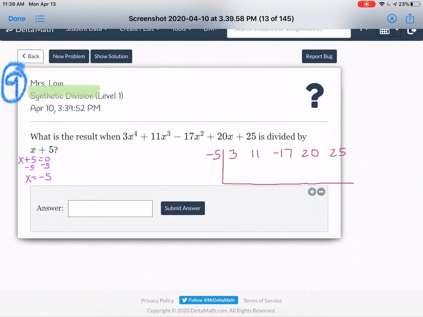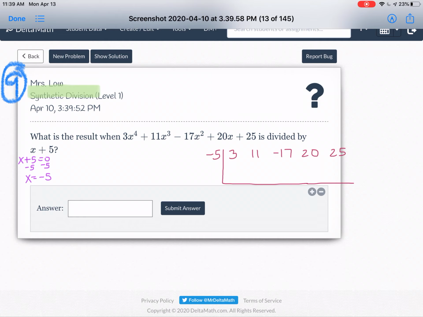9. Synthetic division. So we're going back to the beginning of the year here. It says, what is the result when this polynomial function is divided by x plus 5? So remember, if x plus 5 is what I want to divide by, you set it equal to 0 and use x equals negative 5 to do your synthetic division to see if you get a remainder or not.